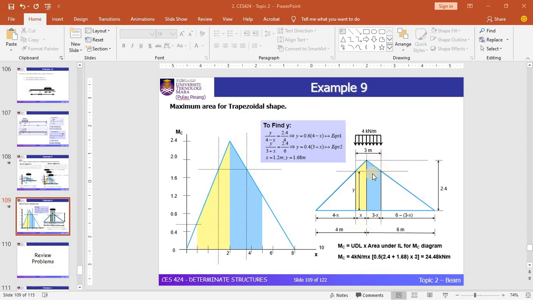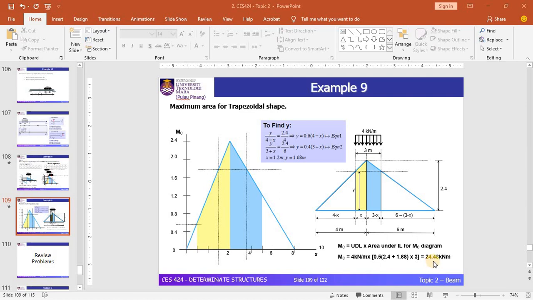The area of the trapezoidal is given by this, multiplied by the UDL load, and simplified, the value of the moment is 24.48 kN/meter.